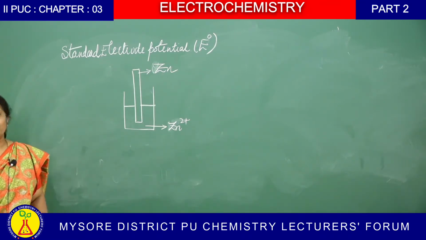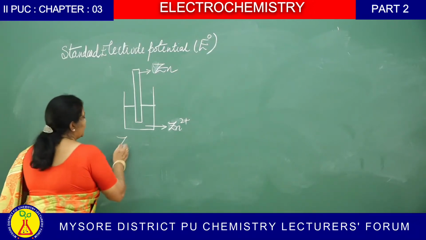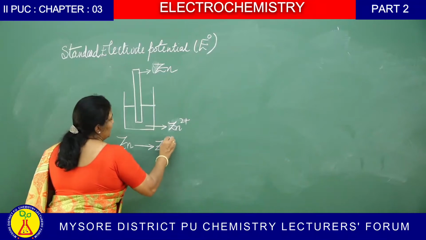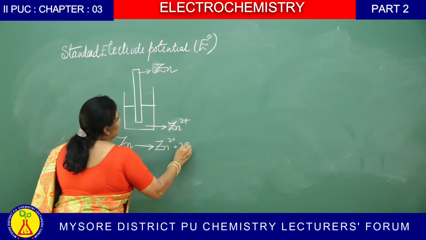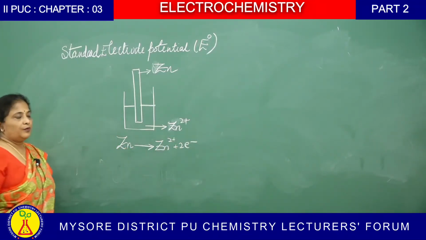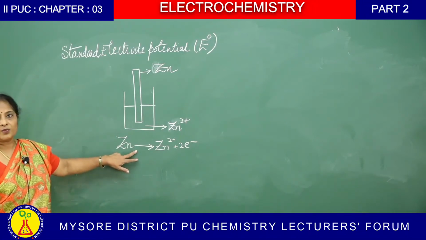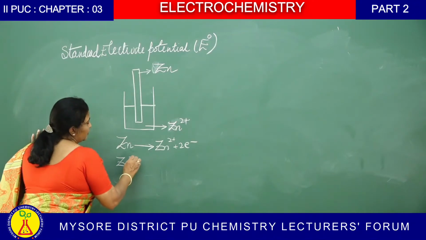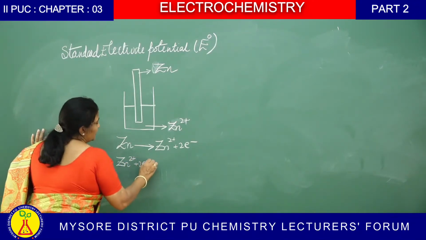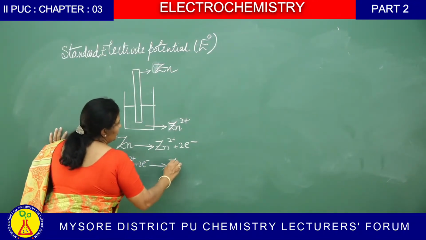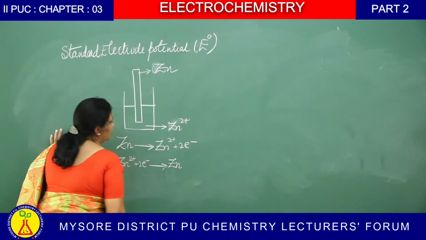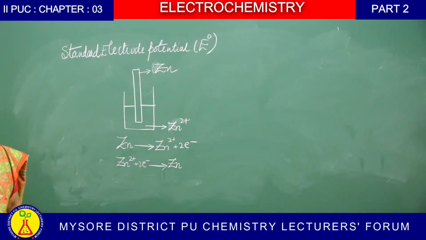Here there are going to be two reactions. Zn gives Zn2+ plus 2e-, which is due to solution pressure, and there is the deposition of the zinc ions due to osmotic pressure.